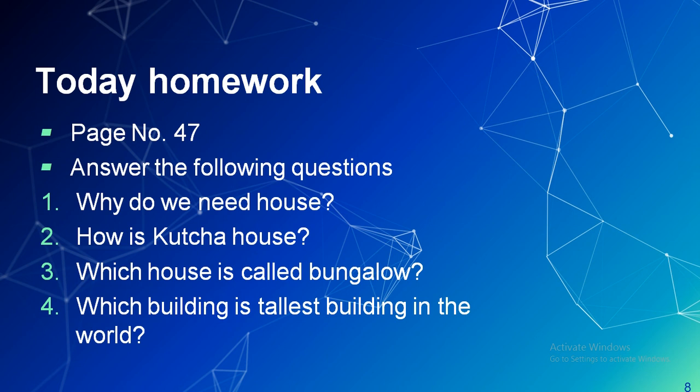Why do we need a house? How is a kacha house? You have to explain this one. Which house is called a bungalow? And which building is the tallest building in the world? So these are the 4 questions, students, that you have to do on page number 47 in your books, and the rest of the questions and answers you have to do in your copy.